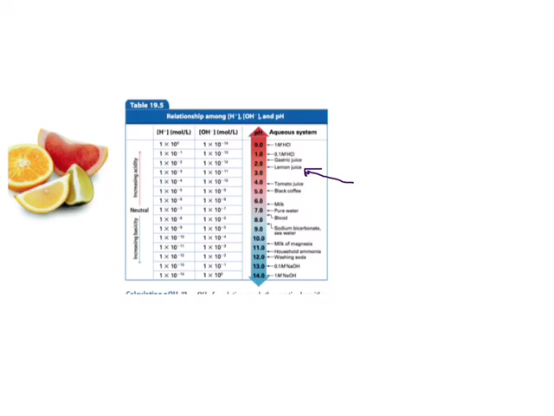It's pretty acidic. Here's a cool one for me too, black coffee, pH range of 5.0. Also remember your pop, your soda. There's some phosphoric acid in a lot of your colas. So that's an acidic environment. That's why it can be hard on the enamel of your teeth.